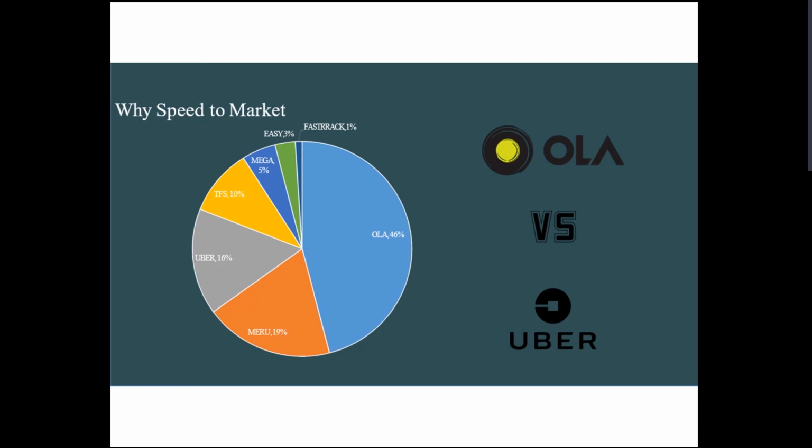One, I need to go to the market as soon as possible. At the same time, I need to ensure that I'm delivering a quality product to the market. So the actual need from the business is that I want to deliver a quality product faster to the market, and that is where all this technology comes into the picture. How can I ensure delivering a quality product faster to the market?